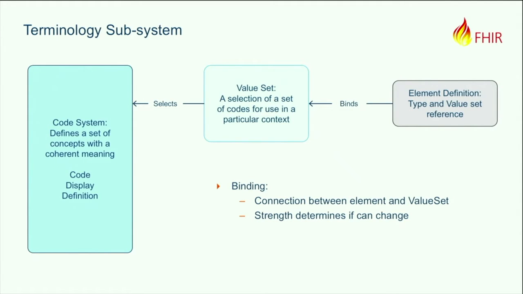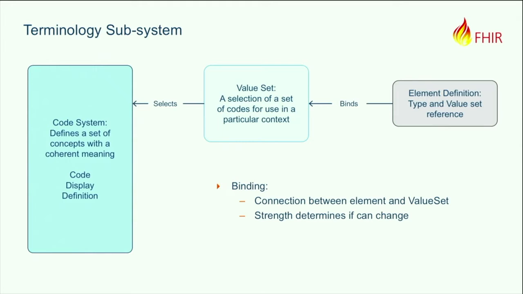We then have the concept of binding. So from an element's definition in the spec or in a profile, you then bind that element to a value set. And that binding has got a strength. And that binding strength effectively indicates how much a particular instance can deviate from your value set.